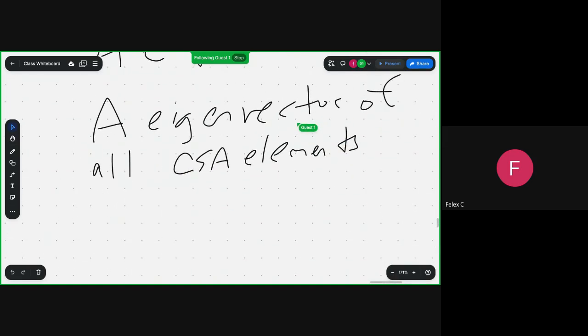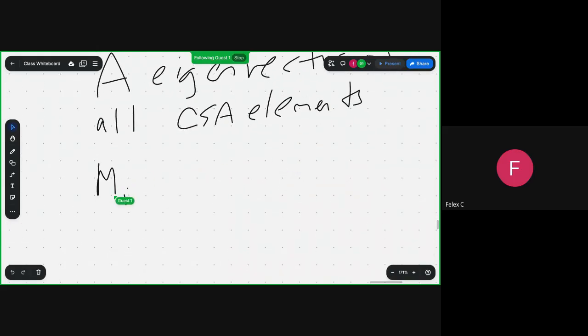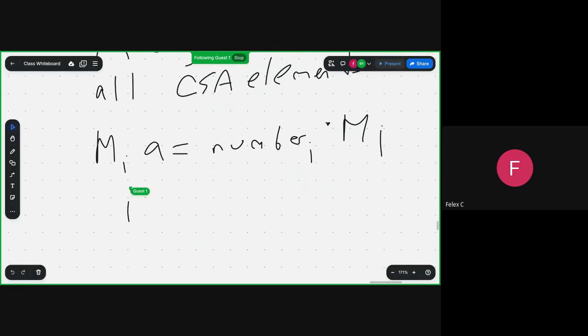Okay. What does that mean? That means M_i acting on A is going to give some number multiplied by A. Now, obviously, these are 20 different numbers, and i ranges from 1 to 20.